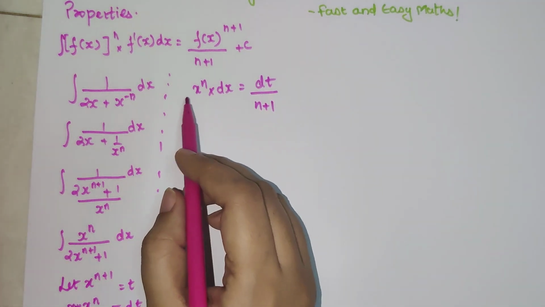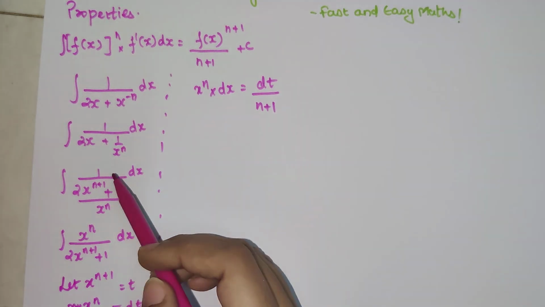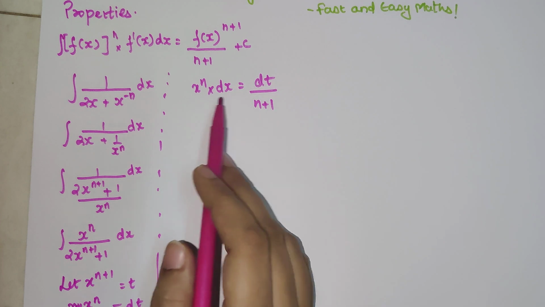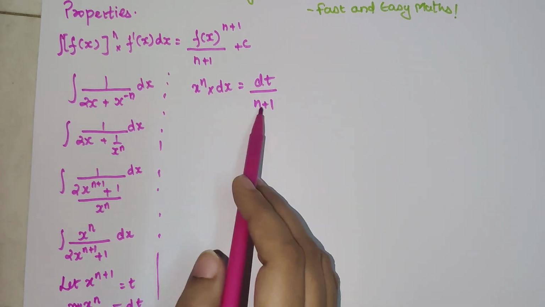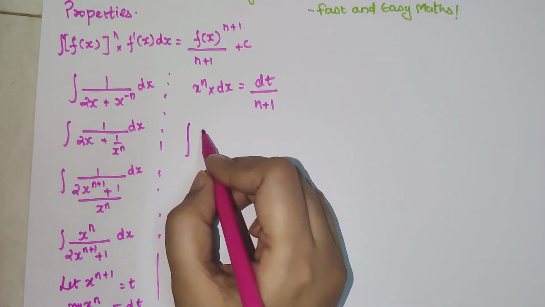Why did I shift n plus 1 over here? Basically I wanted a part of my question to become dt, but this part n plus 1 was not included, so I just shifted it to the side of dt. So now let's put the entire question in terms of dt.